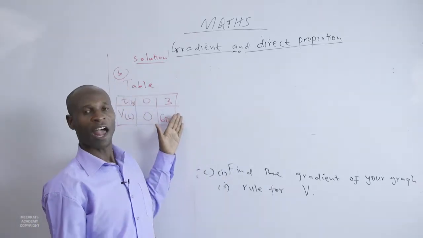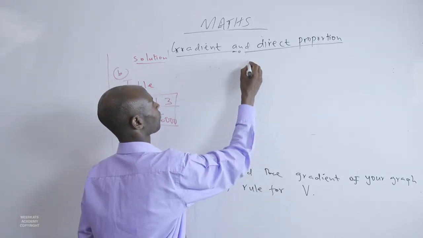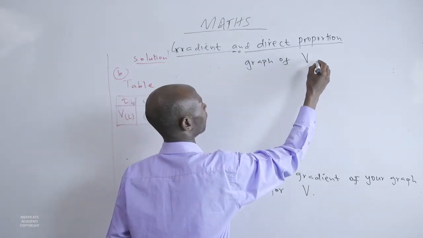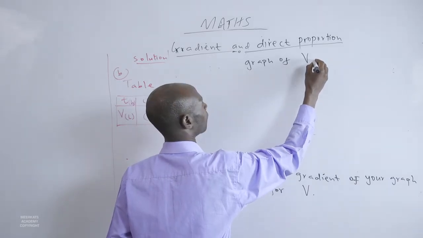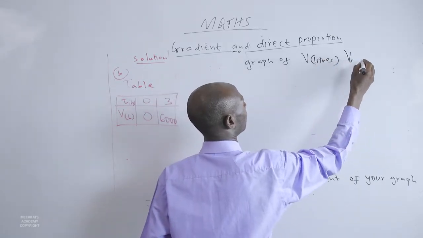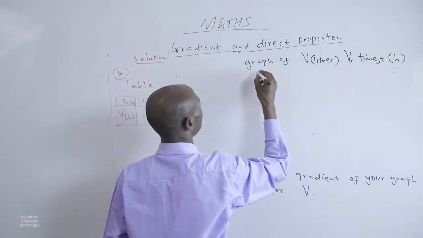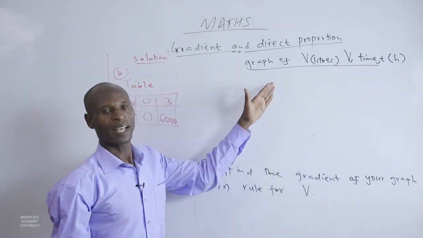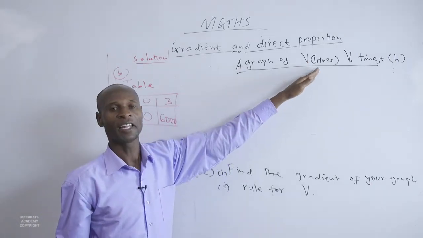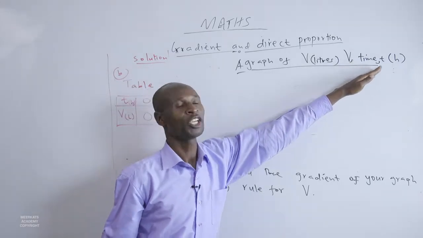Now, using our table of values, we can draw a sketch of that graph. The graph must have a title, that is a graph of V in liters, where V represents volume, against time, T in hours.